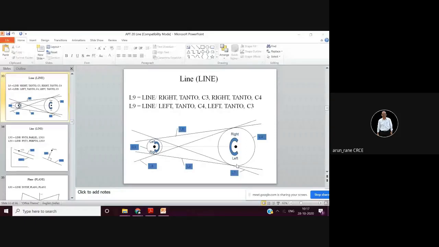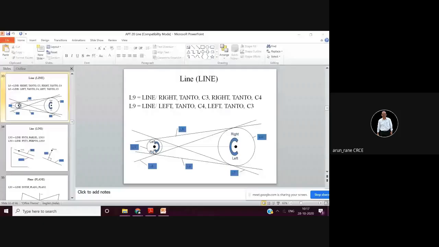And if you look in this direction, then it will be on the left hand side, tangent to the C4, and left hand side, tangent to the C3.